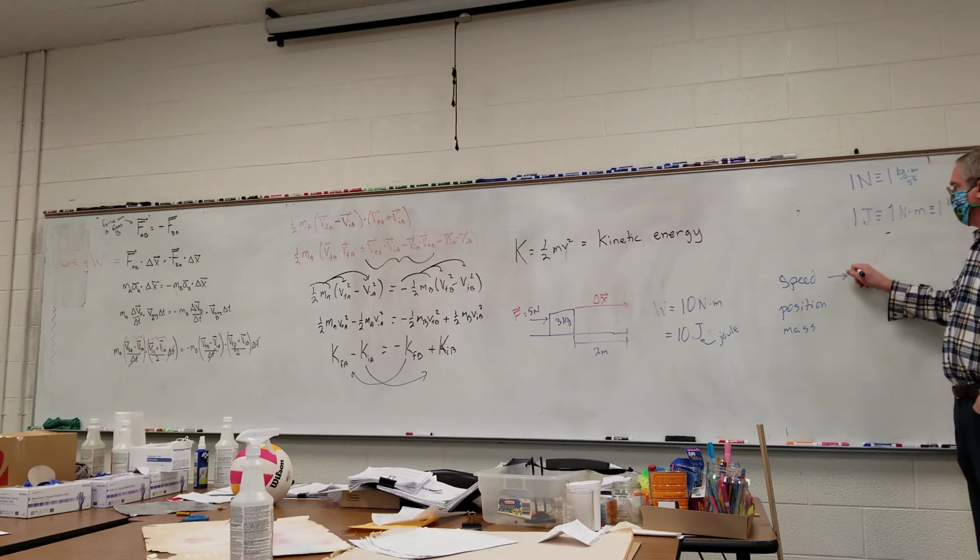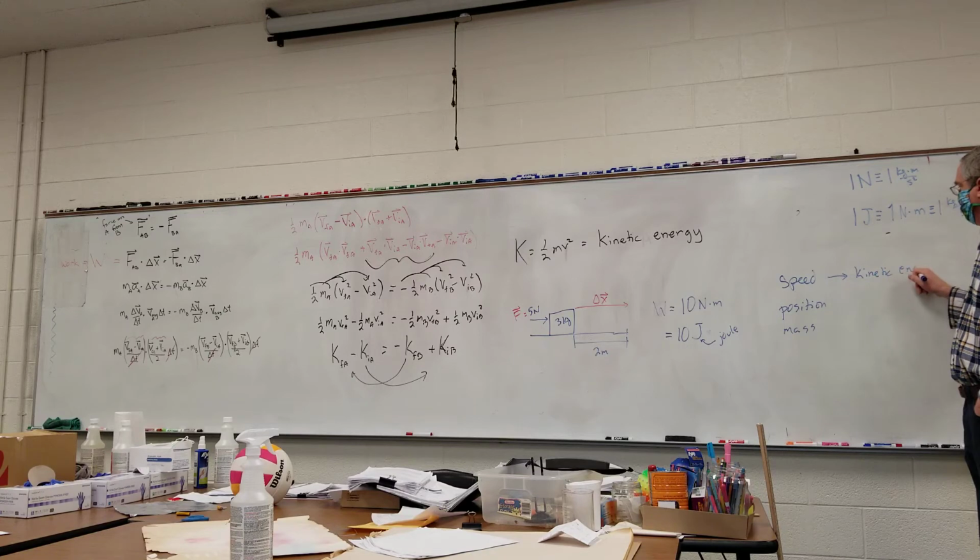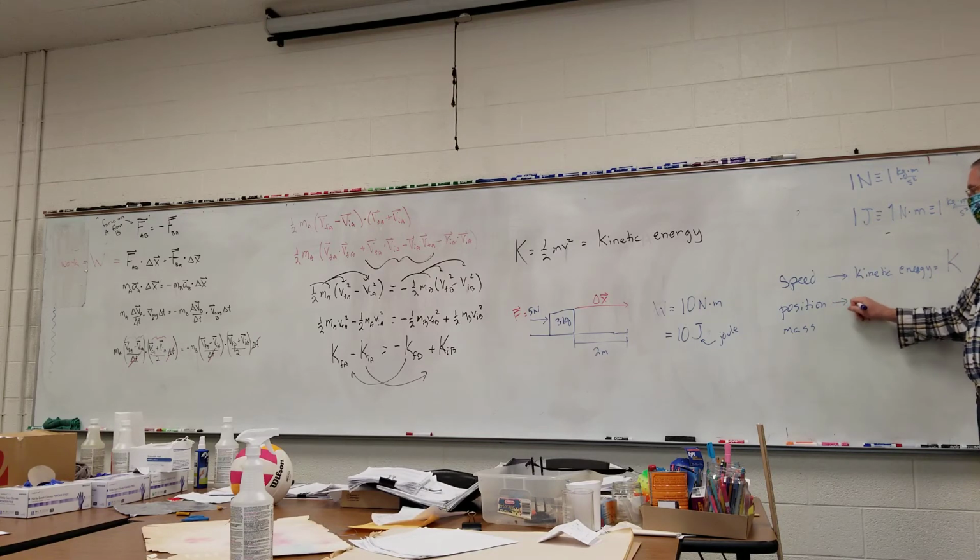Speed is related to the kinetic energy, the symbol being a capital K. Position is related to what's known as potential energy, and the symbol that I use for potential energy is a capital U. So just please make note of that.